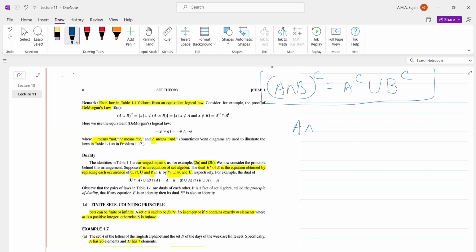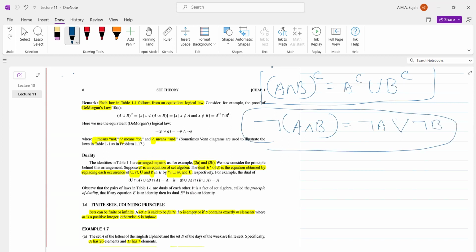A and B, whole thing not, is equal to not A or not B, right? Did you learn this law in logic design? So this is similar, right?